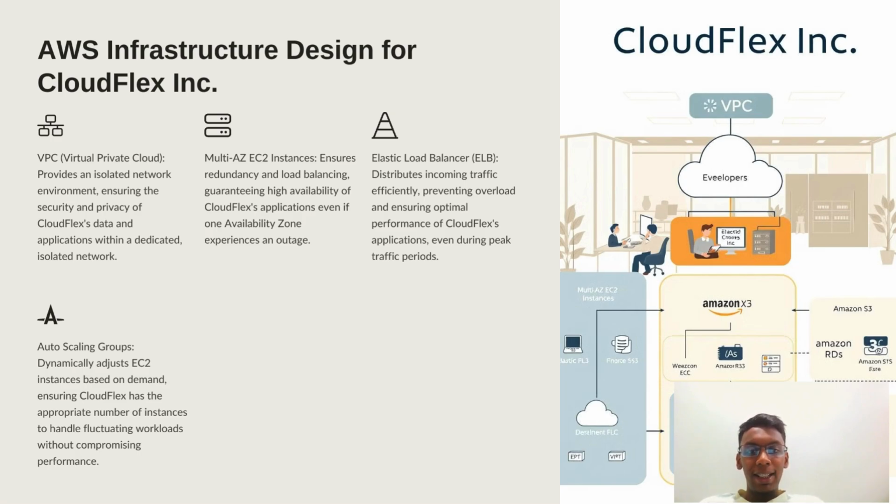Thirdly is Elastic Load Balancer, which is ELB. This distributes incoming traffic efficiently, preventing overload and ensuring optimal performance of CloudFlex's applications even during peak traffic periods. And finally, auto-scaling groups dynamically adjust EC2 instances based on demand, ensuring CloudFlex has the appropriate number of instances to handle fluctuating workloads without compromising performance.